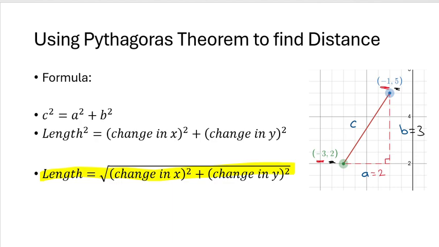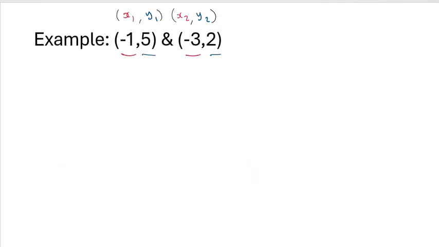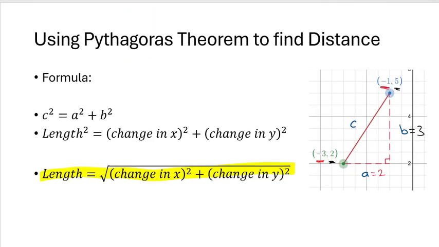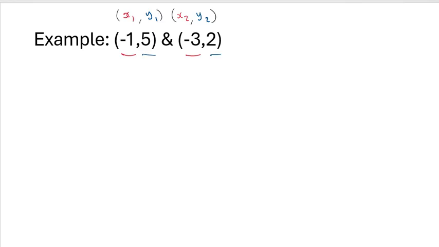Now with that out of the way, I can just do this right now. I can just substitute those values into my equation, okay? So this will be length equals change in x squared plus change in y squared.